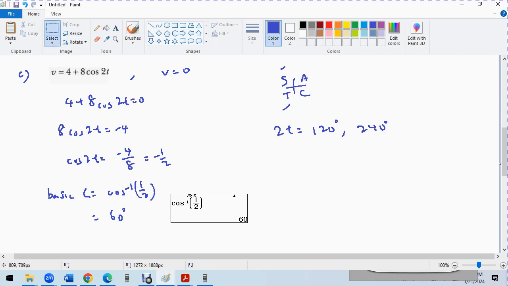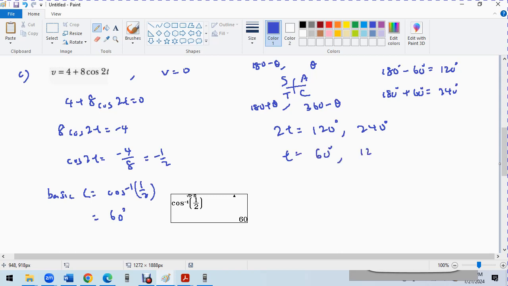This is theta, this is 180 minus theta, 180 plus theta, 360 minus theta. So 180 minus 60 is 120, and 180 plus 60 is 240. So t is 60 degrees or 120 degrees.